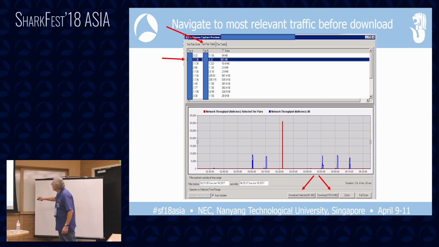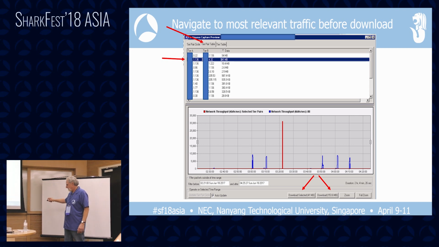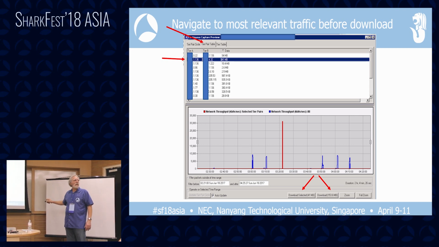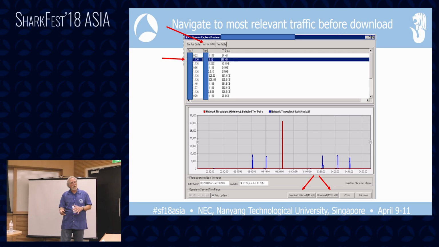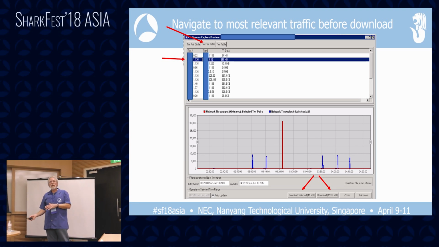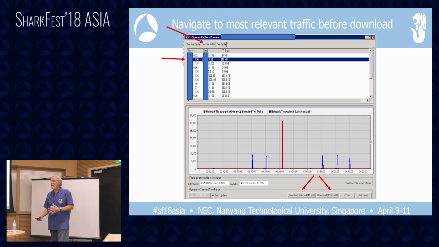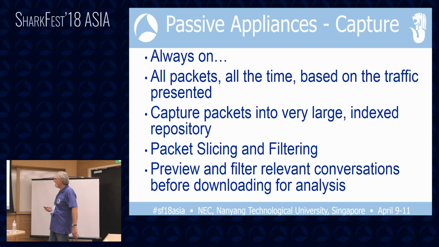Is that right? Yeah, 47, something like that. Versus 1.5 gig. So having some sort of way to preview and filter before you download is hugely valuable. So when you're thinking about host-based captures, these are some of the features that are really useful.